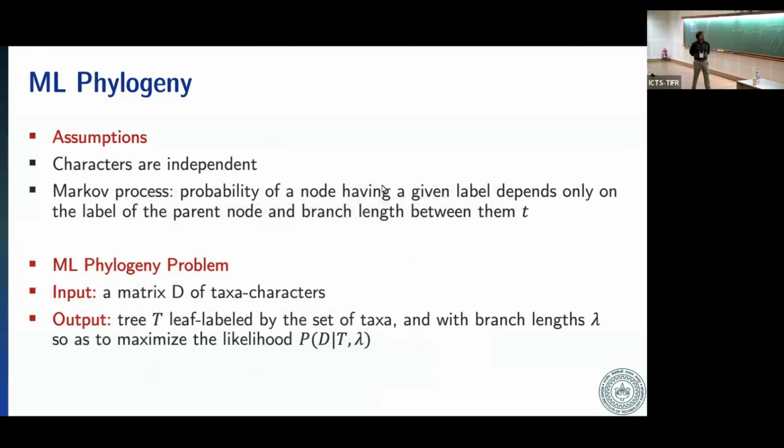So how do we do it? This is our input, a matrix of the taxa characters. Again, this is our input data. Let's say there are m columns, right?